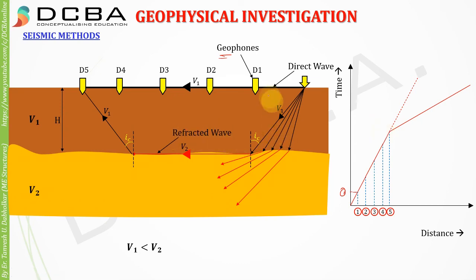And if you are wondering what happens when it hits this interface at an angle greater than the critical angle, then there will be a total internal reflection, correct? And then these waves will again meet together, and thus a lesser time will be noted.